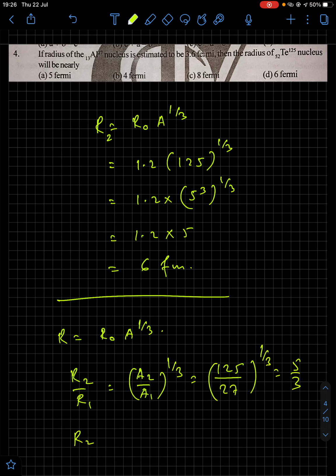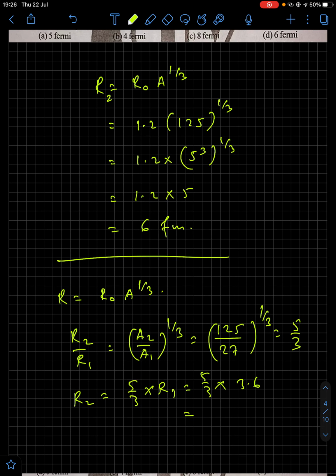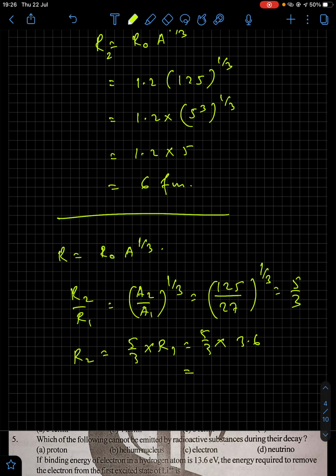So R2 is 5 by 3 of R1, and 5 by 3 of 3.6. Therefore the result is 6 Fermi again. So this is option number D.